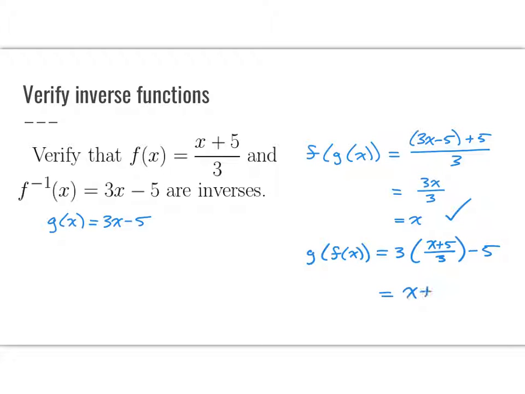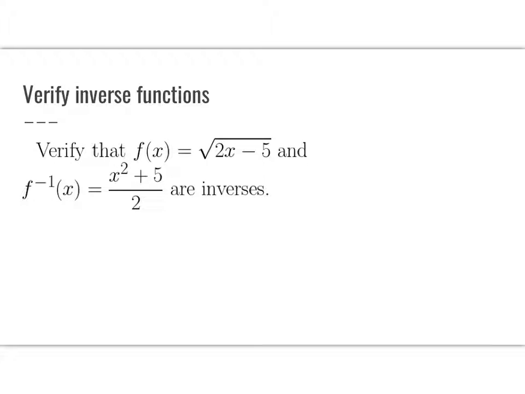The 3's cancel, we've got x plus 5 minus 5, which is x. Huzzah. We, at that point, have verified that these two are inverses. We did f of g of x, saw that it simplified to x. We did g of f of x, saw that it simplified to x. That's all we need to do. That verifies that these two things are in fact inverses.